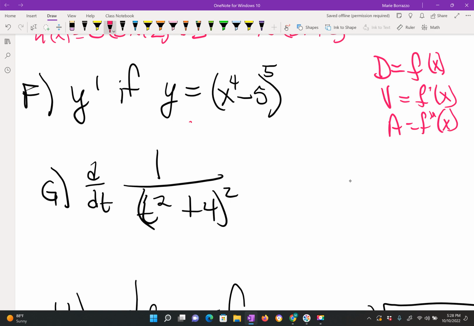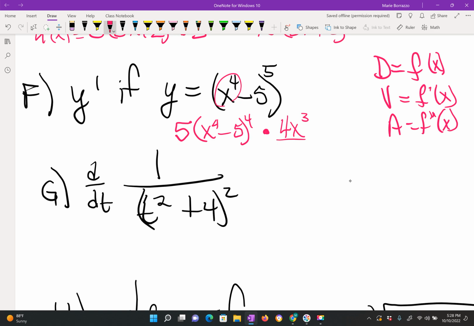Bring the 5 in front. x to the fourth minus 5 to the fourth power times what? 4x cubed. That's it. It's basically take the derivative. Differentiate.